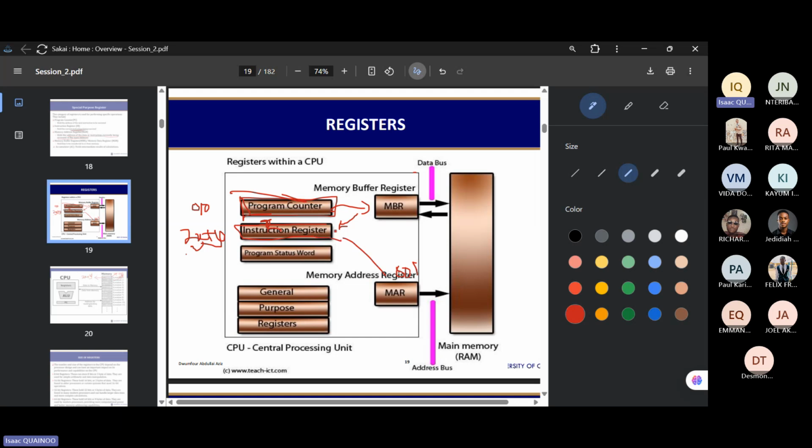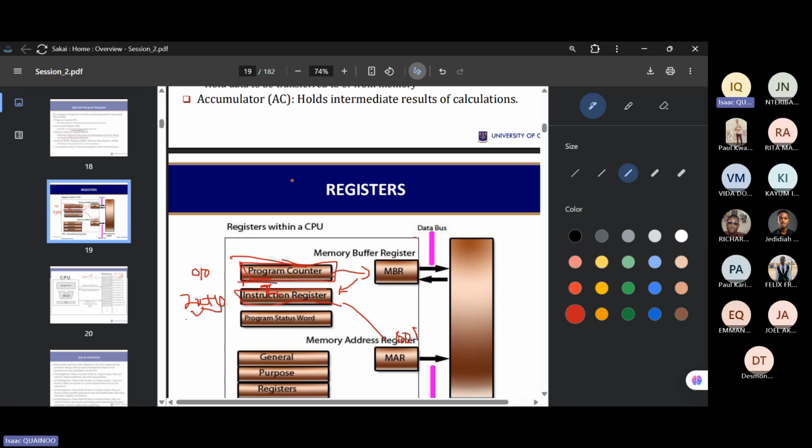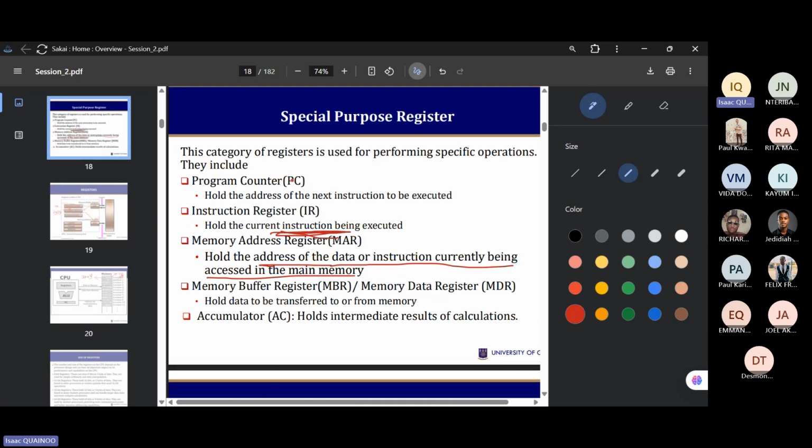And then after it has stored that particular instruction there, that means it is ready for use by the CPU. Whenever the CPU needs it, it can now do what? Supply those instructions. Okay, so let us look at the next unit.